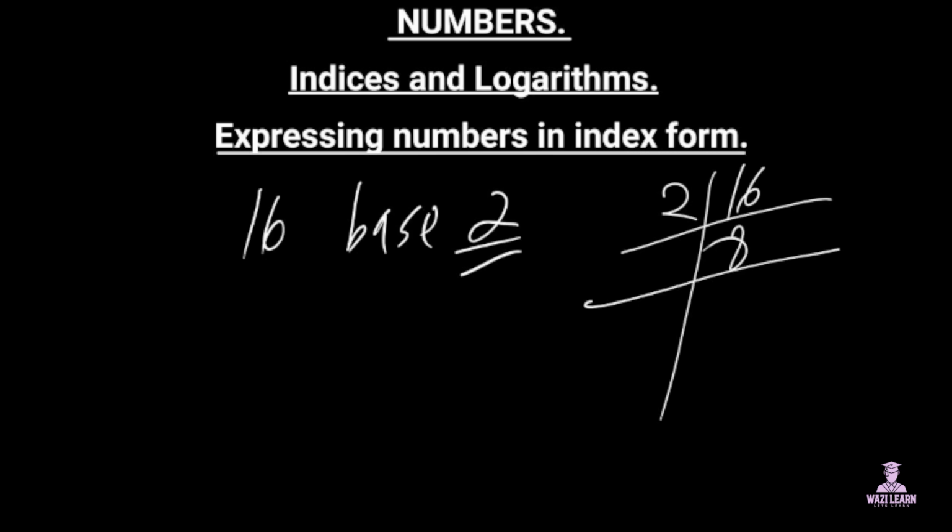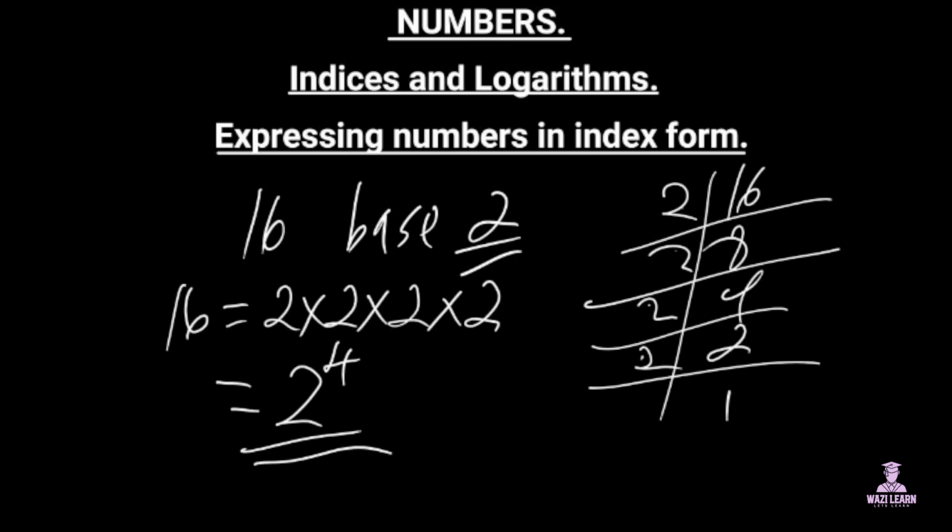So 8, 4, 2, 1. So 1, 2, 3, 4. So 16 is just 2 times 2 times 2 times 2. This means we are multiplying 2 four times. Now this one is 16 expressed in index form.